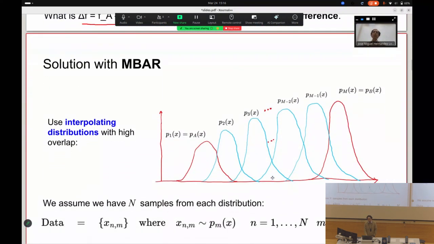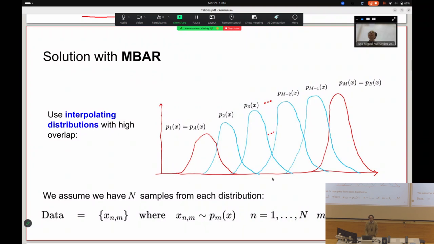So how do you calculate these free energy differences? It turns out there is a state-of-the-art method that allows you to calculate these free energy differences. You're going to have one distribution or one density, PA, which corresponds to state A, and we have it here in red. And we have the other distribution.